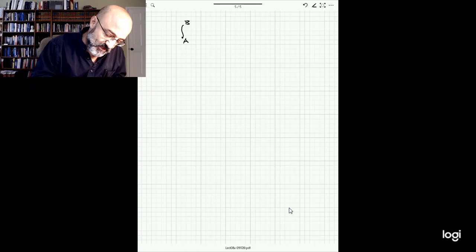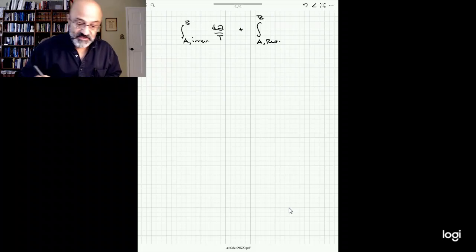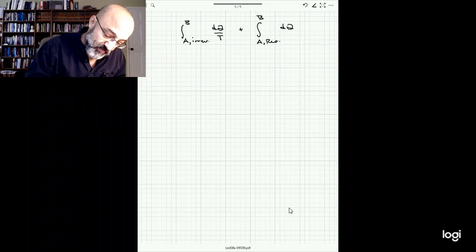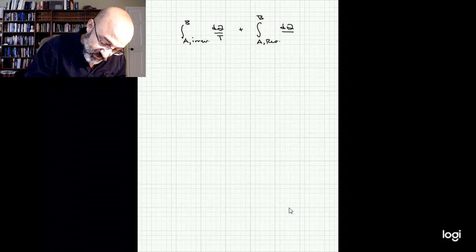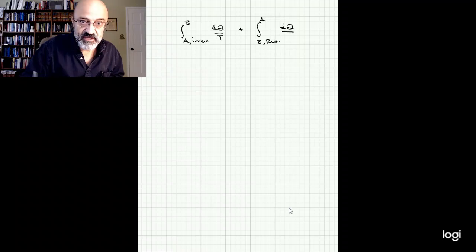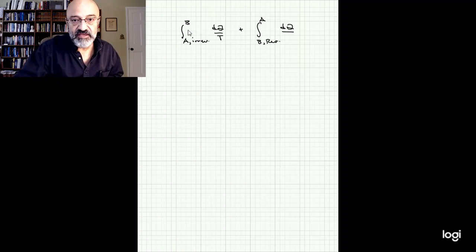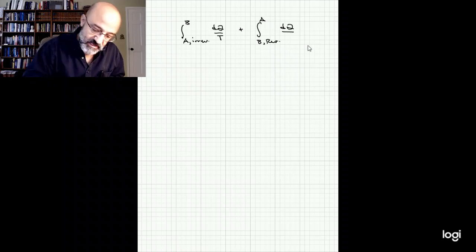In this case, we can separate the cycle along two pieces. One of them is this one, and then the other one is along the reversible path. It doesn't matter what the path there really is. Sorry, not from A to B, from B to A. So I go from A to B irreversibly and then return from B to A reversibly.